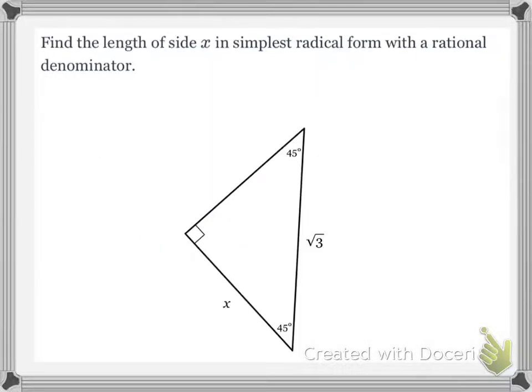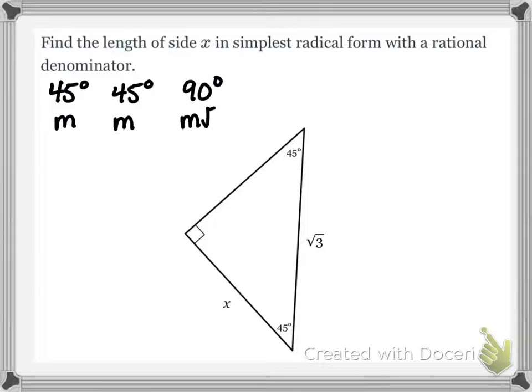All right, let's try it again. Here's another one. Oh, we got another 45, 45, 90. So 45, 45, 90, m, m square root of 2. Okay, so we need to find what is being given, and what is it that we need to look for?